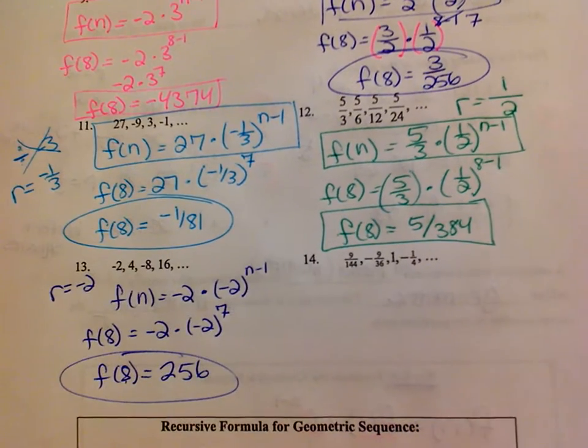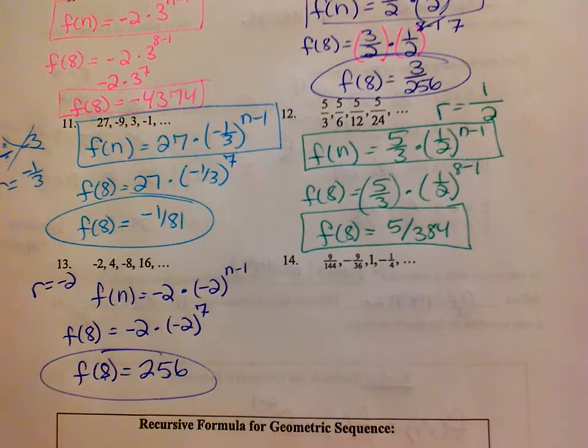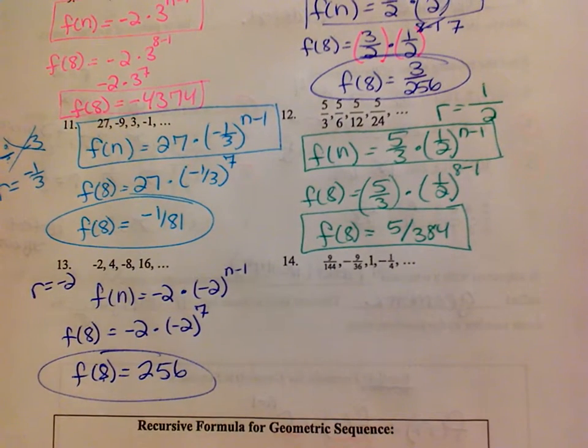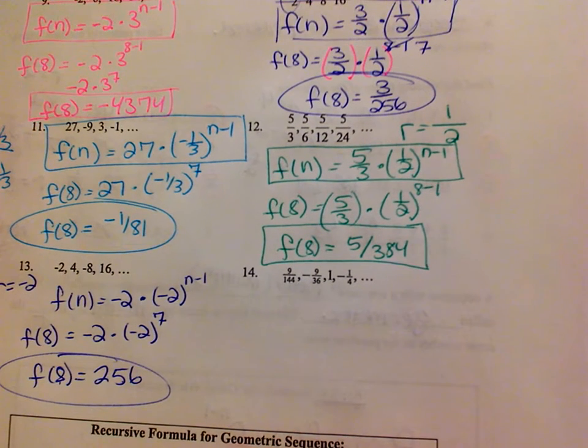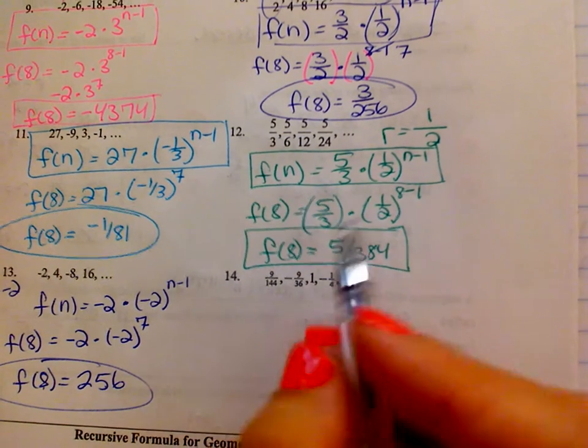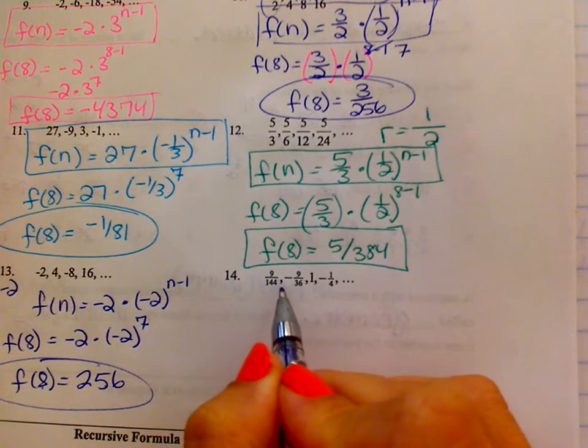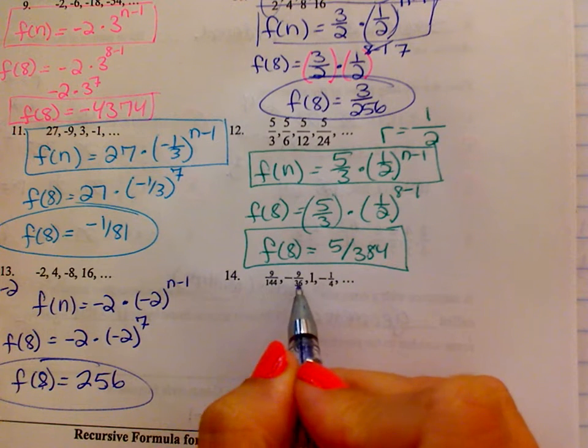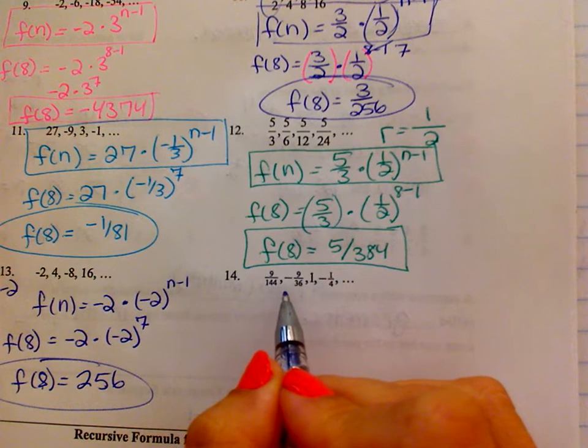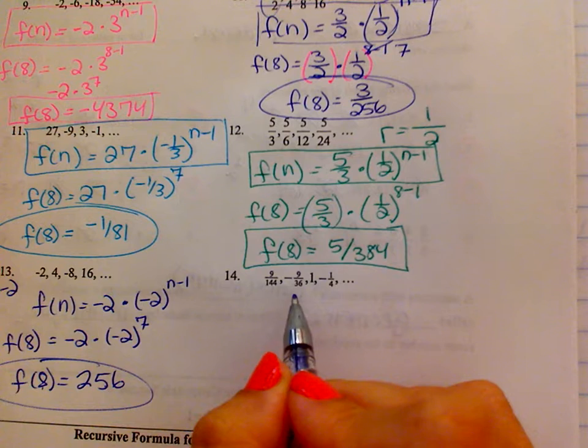Number 14. 14 is a little more of a doozy here. I'm sure you realize that. If you're ever unsure, you could plug consecutive terms into your calculator and divide them to figure out what we keep multiplying by.